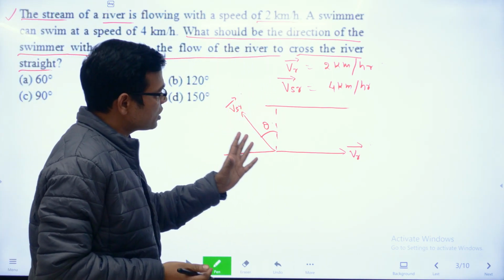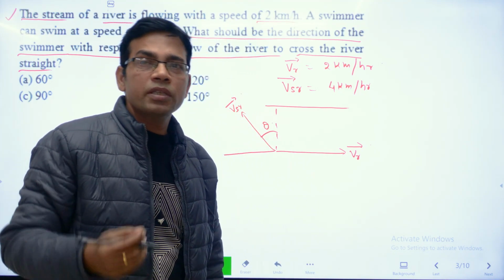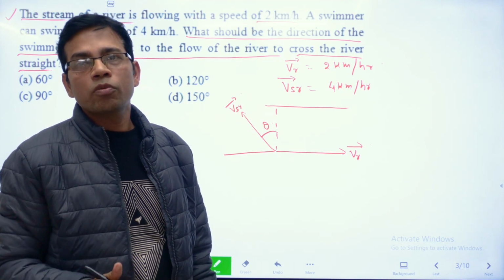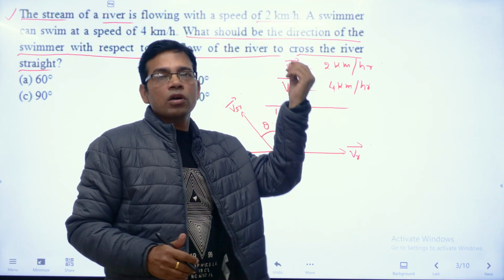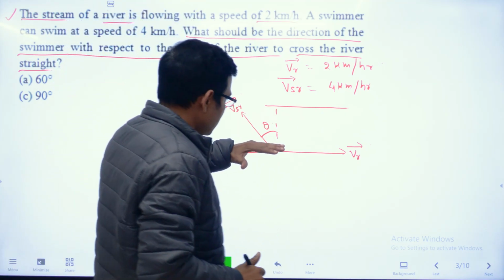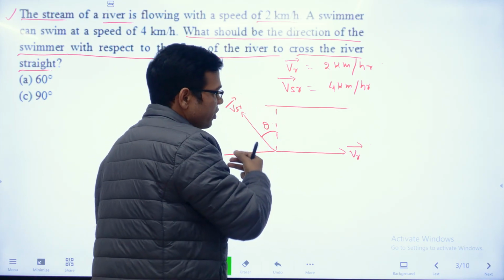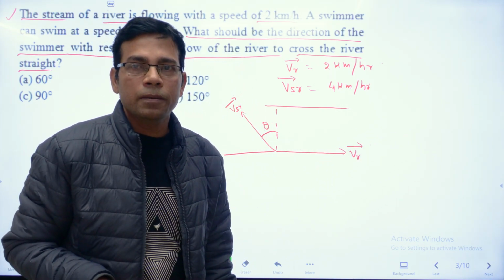This means that in this question the velocity of the swimmer with respect to the ground should be vertical, perpendicular to the direction of the flow of the river. So its absolute velocity along the direction of the river will be 0.